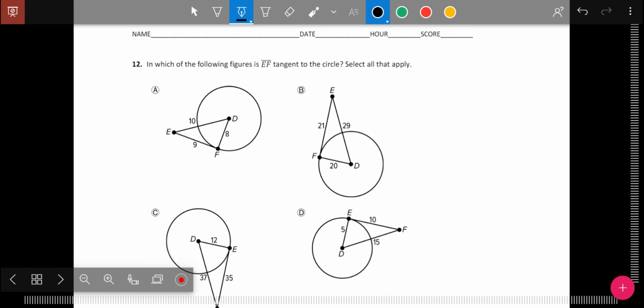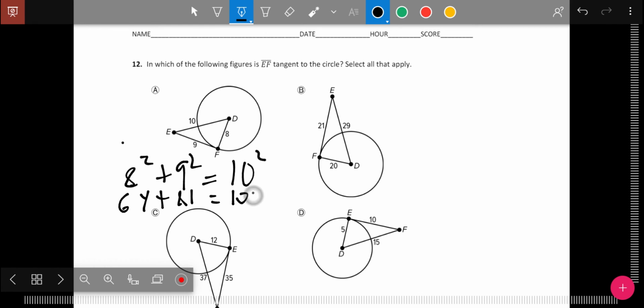And so for each of these, I would have to do a squared plus b squared equals c squared. And so here I'm going to do 8 squared plus 9 squared equals 10 squared, which is 64 plus 81 equals 100. And of course, that's false, right? False equals not tangent.